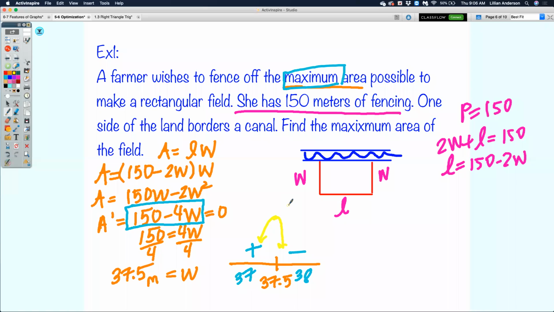And that's what we want. If it went negative then positive, that means it was a minimum, and we don't want that value. We want the value that actually produces the maximum area.